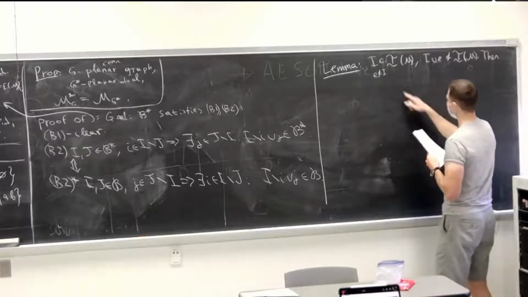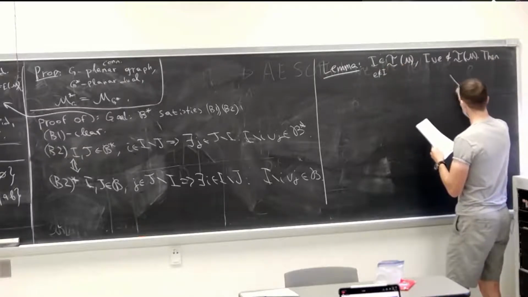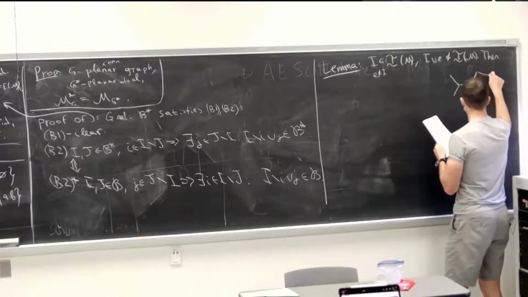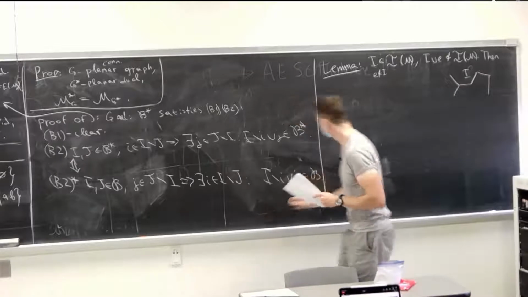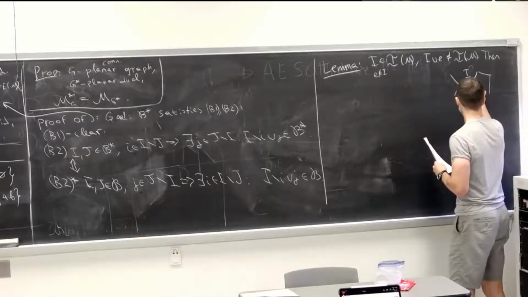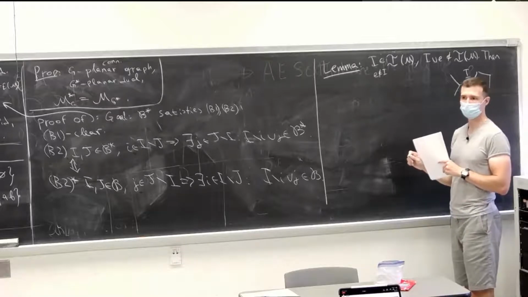So the picture is that I is an independent set, which looks kind of like a forest. Something like this. This is I. And then if I add E to my set, it becomes dependent.